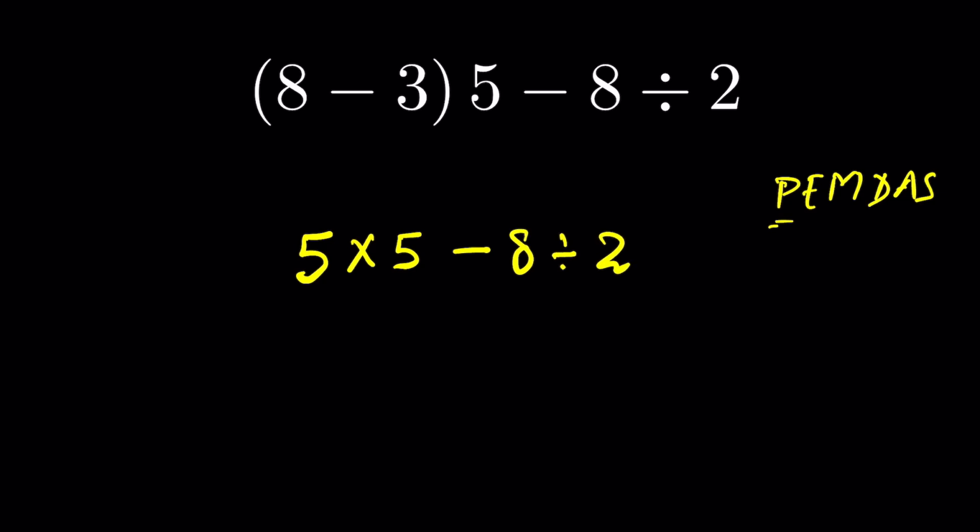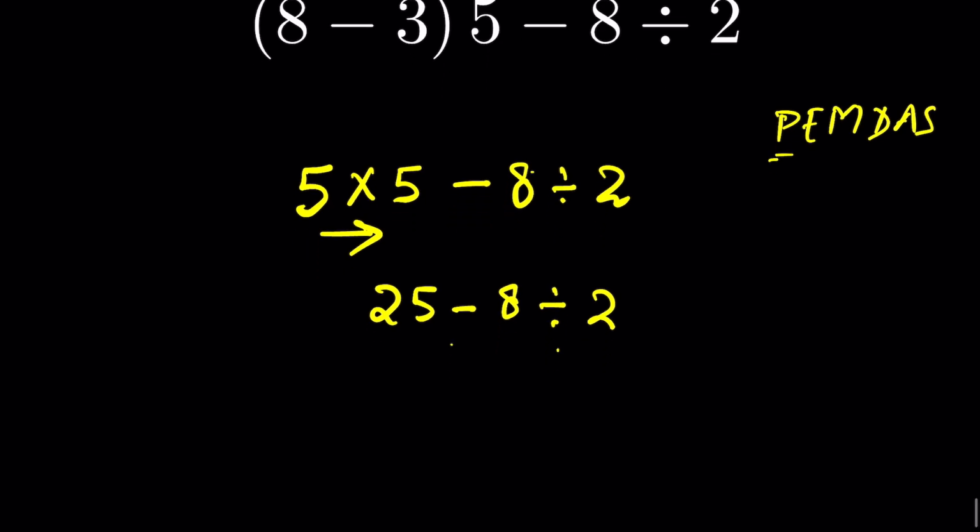Here this operation and this operation can be done simultaneously in the same step, because they are separated by a minus sign. Or what we can do, we start doing from left to right. 5 times 5 is 25, then minus 8 divided by 2. Again division has priority over subtraction, so we will write 25 minus 8 divided by 2 is 4. 25 minus 4 is 21.